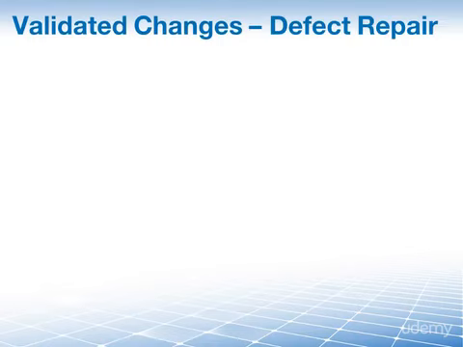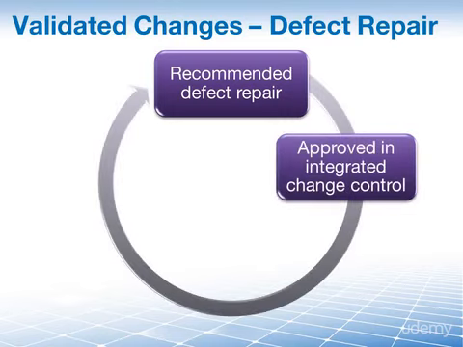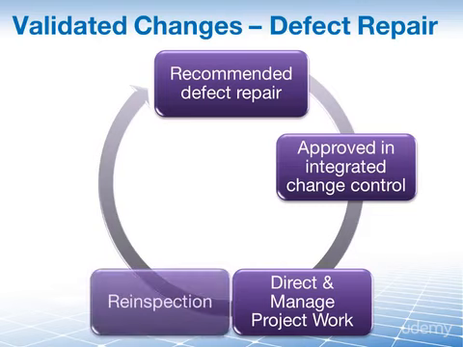Processes get performed not just once, but again and again over time. That is why once we issue a recommended defect repair, this recommendation will then hopefully be approved in the integrated change control process. From there, the repair will then be taken care of as part of the direct and manage project work process, where the repaired deliverable will be handed back here into this process for re-inspection.